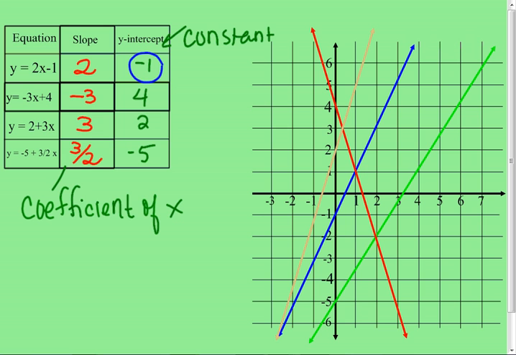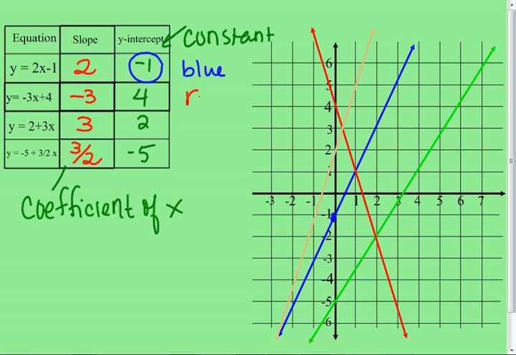Which line has a y-intercept of -1? Which color? The blue. It's the blue line. Okay. Which one has a y-intercept of 4?